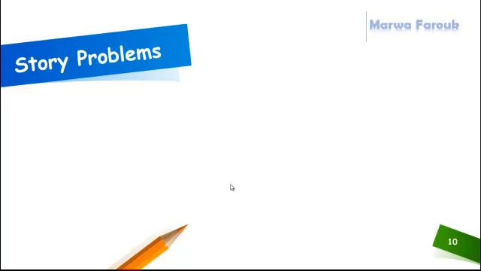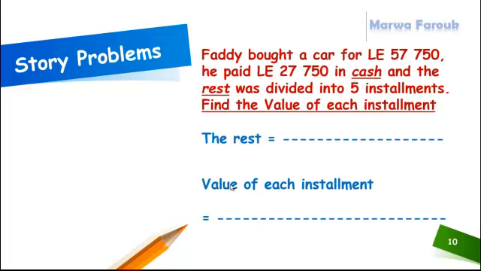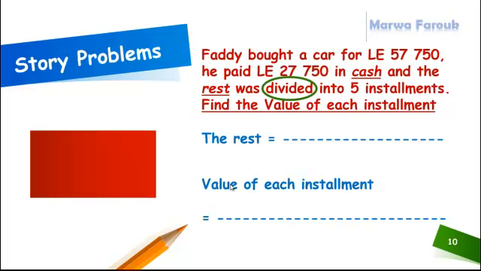Freddy bought a car for 57,750 pounds. He paid 27,750 pounds in cash, and the rest was divided into 5 installments. Find the value of each installment. We have the word divided here, so the first keyword will be divided.